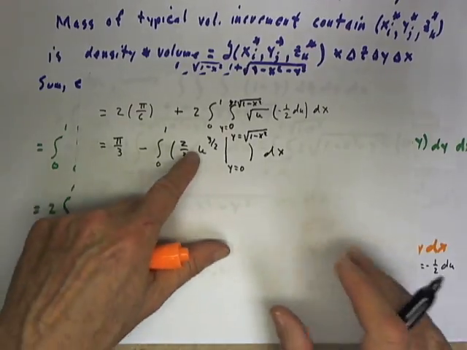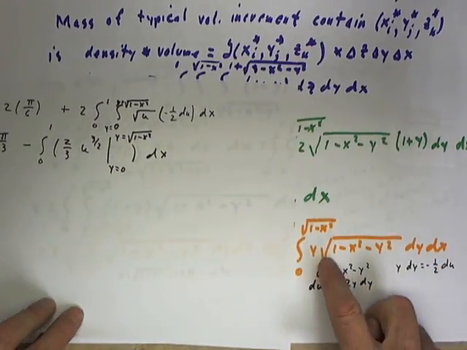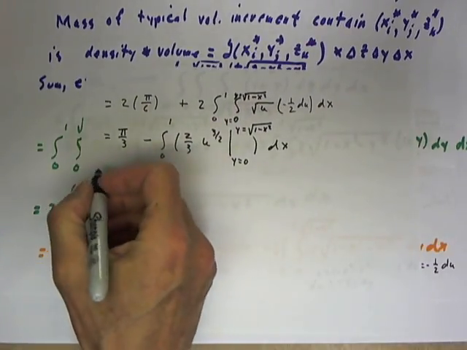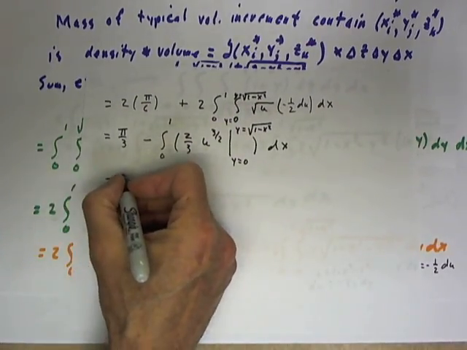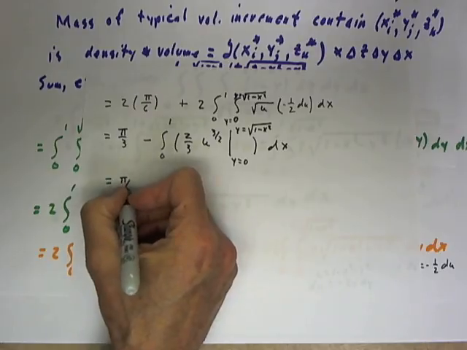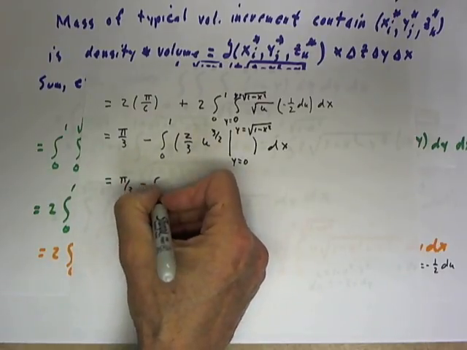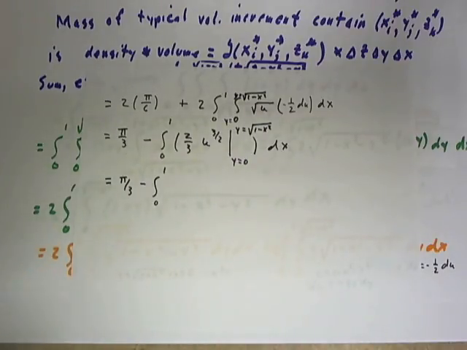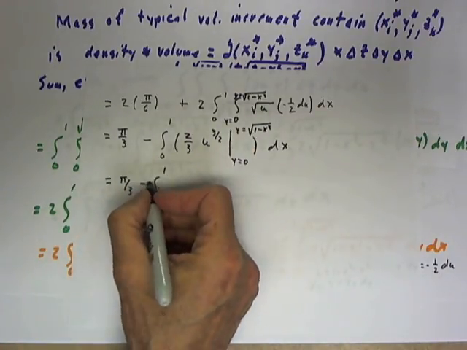Substituting again u, which you recall was 1 minus x squared minus y squared, we get pi over 3 minus the integral from 0 to 1 of what? Well, let's bring the 2/3 out here.